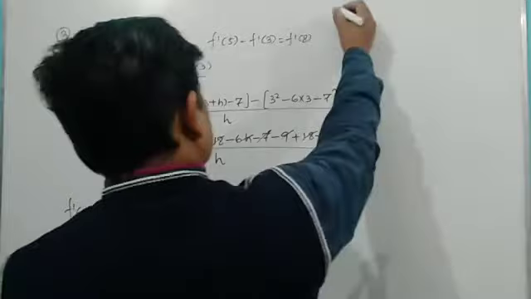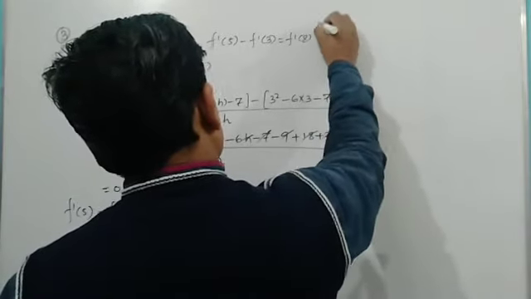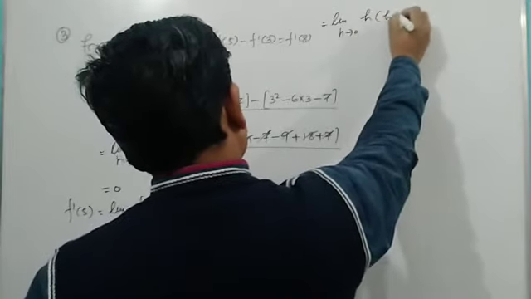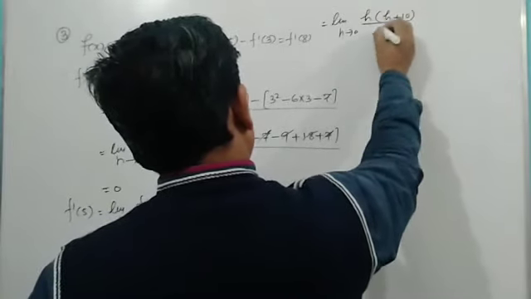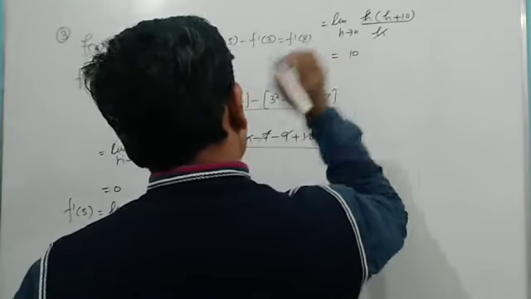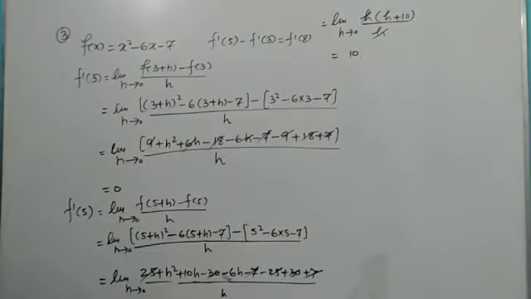Then I'll have limit h tends to 0, and taking h common, it is h + 4 upon h. They can be cancelled. When h is equal to 0, it is 4. Now we had got f'(5) as 4.